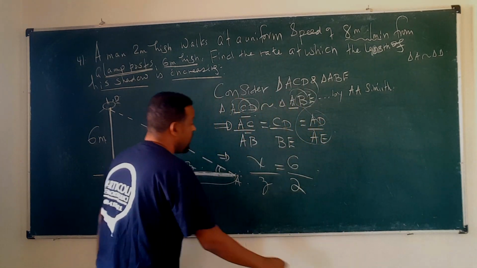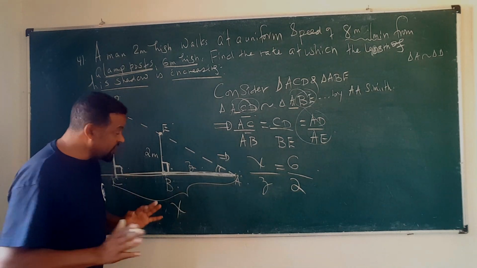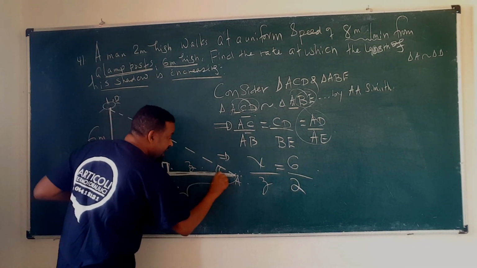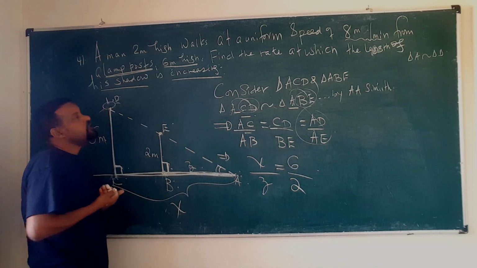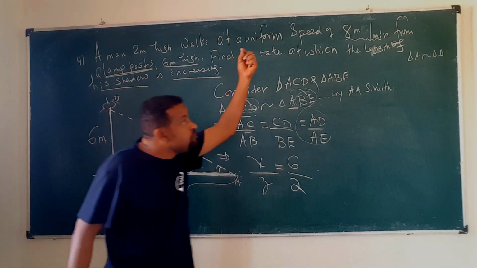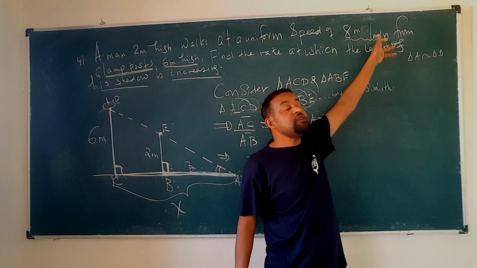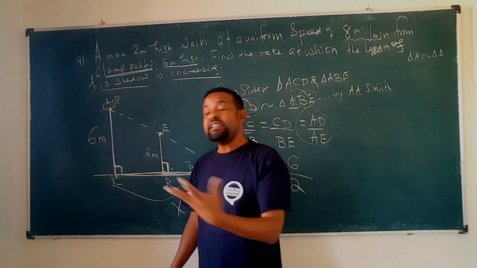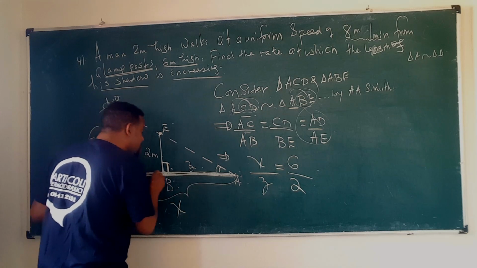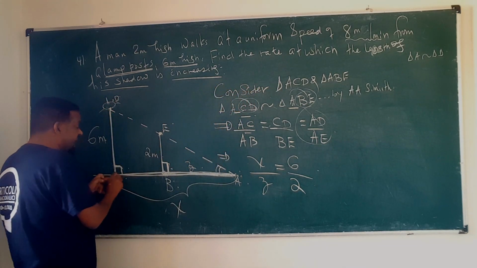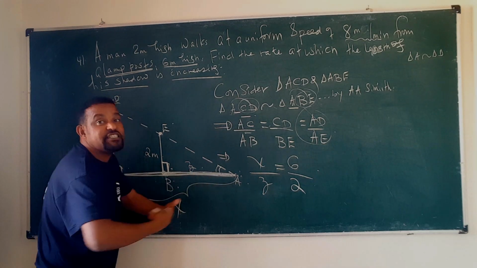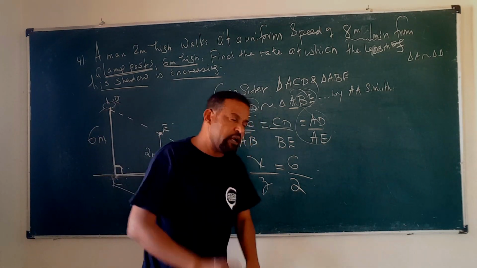Good. Now, we want x, because x is the distance the man walks. What is given here? A uniform speed is given, 8 meters per minute, so we need x, because that 8 meters per minute is the change in x over the change in time.